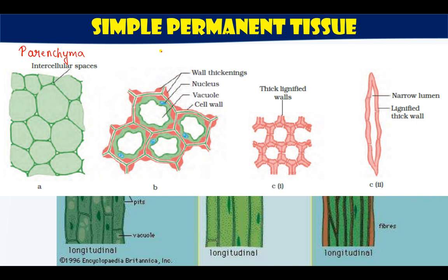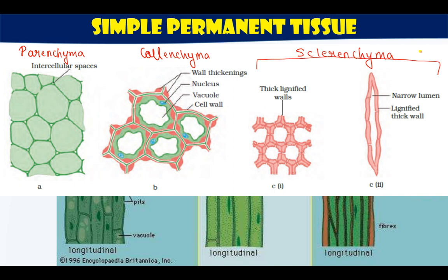Then the second image that you are seeing over here is of collenchyma, and this, right, that is the image of sclerenchyma tissue. I hope this is quite clear to you, right? That is the image of sclerenchyma tissue.